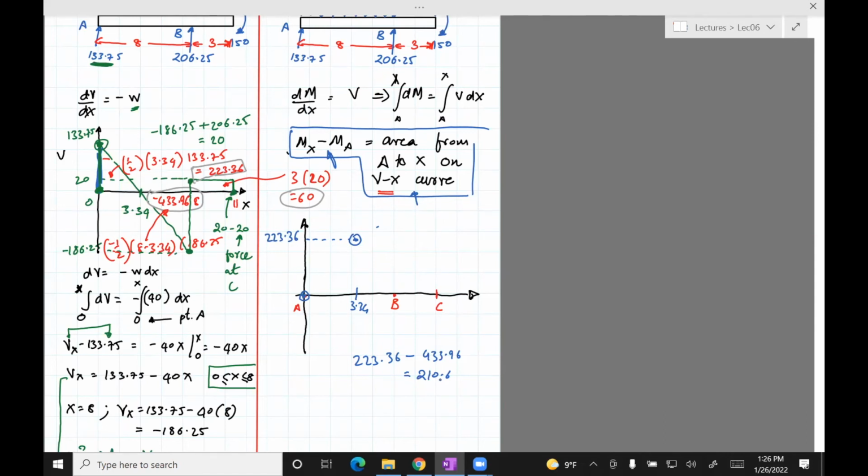It should be negative, and I think I'm missing this. This is 36, and this should be negative.